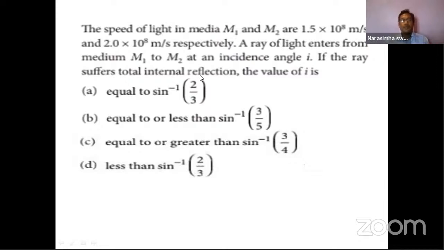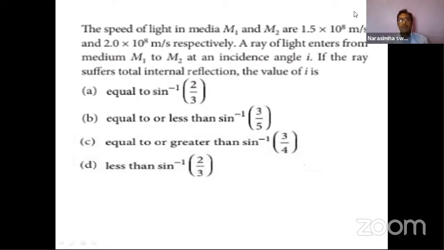Originally it is 3 into 10 power 8. A ray of light enters from medium 1 to medium 2. So this is the rarer medium, this is the denser medium, at an incident angle I.